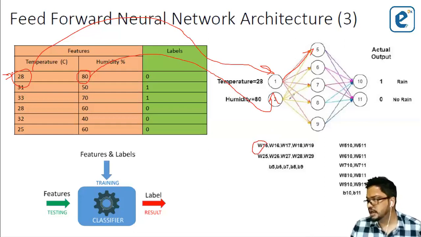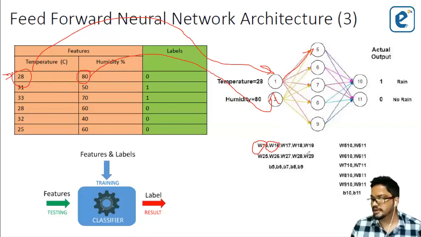Similarly, the net connecting 1 and 6 is weight 1,6, the net connecting 1 and 7 is weight 1,7, and the net connecting 2 to 9 is weight 2,9.